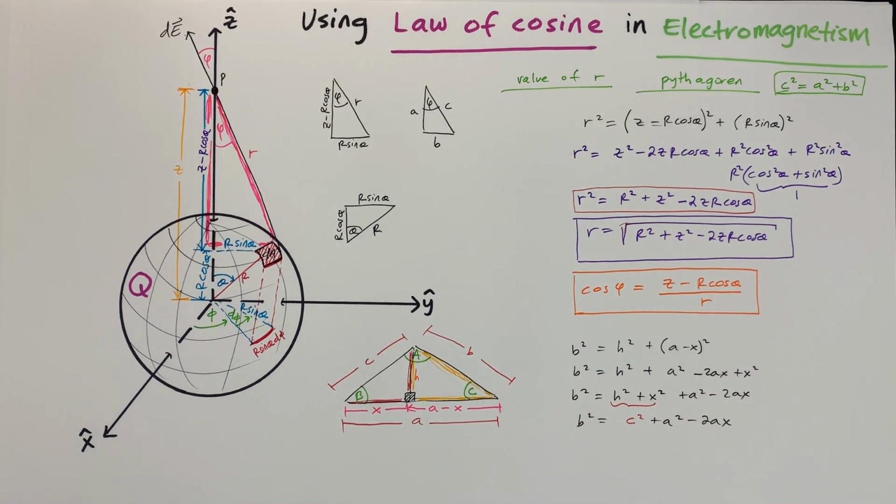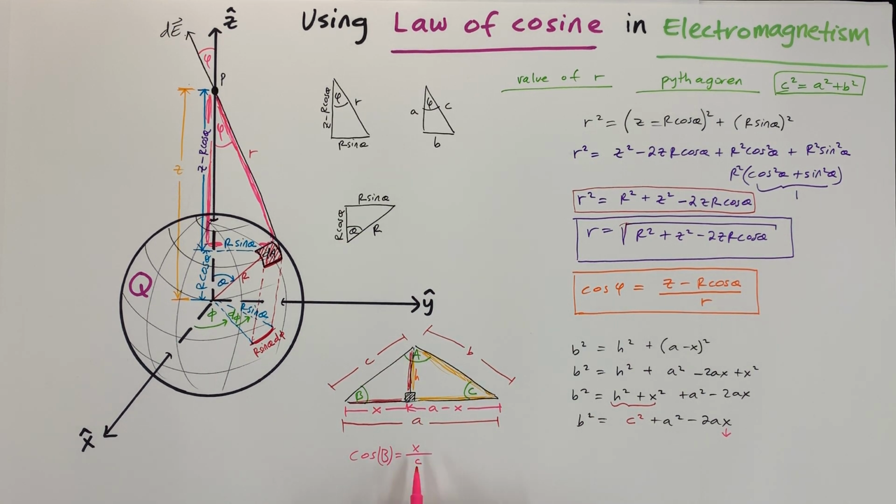We have one last move to make, and that's this x right here. Let's look at this angle right here, because this is the angle we want to work with in order to identify what this x is. Let's do the cosine of that angle, b. That's going to be adjacent over hypotenuse.